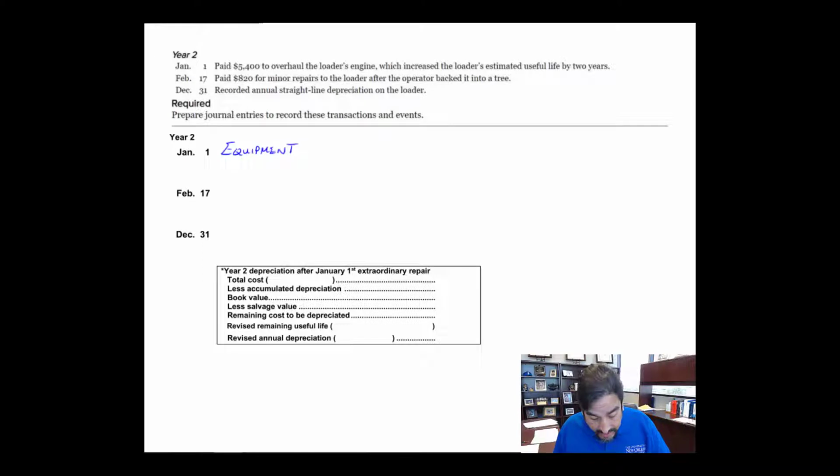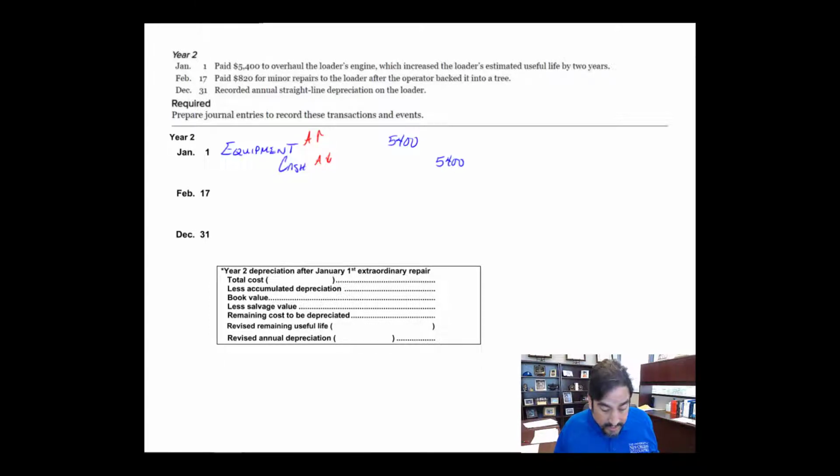And again, it doesn't say how we paid, so I'm just going to assume we paid cash. The equipment account is an asset that we're increasing. That's why we debit it. Cash is an asset that we're decreasing. That's why we credit it.